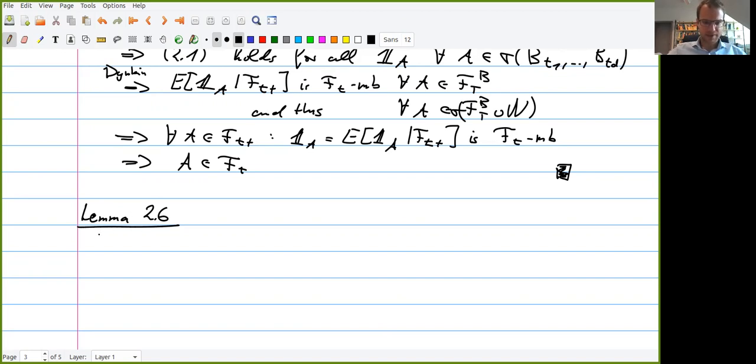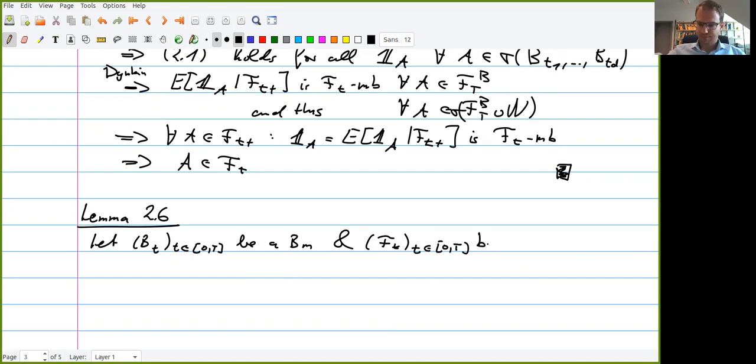As before, I have a Brownian motion, and I consider the completed filtration F_t.